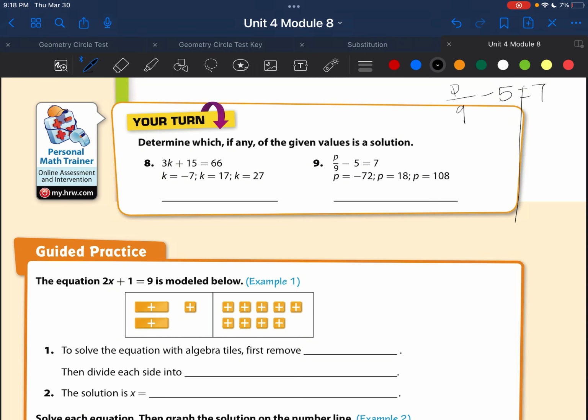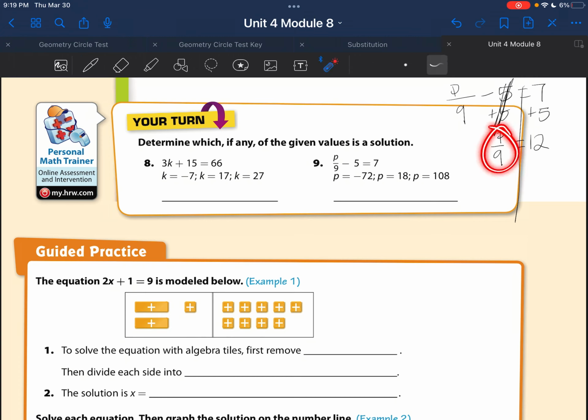First thing I do, you should have done, is draw your line. Alright, then I have to do my number that is furthest away, which is that 5. So I'm doing plus 5, plus 5. Alright, those cancel out. That leaves me with P over 9 equals 12.